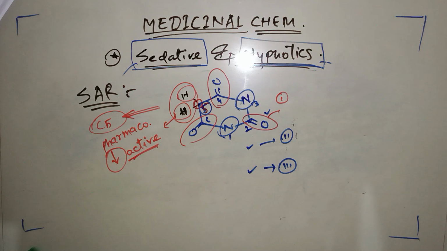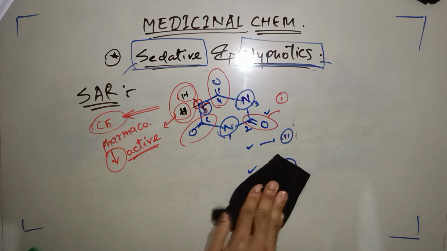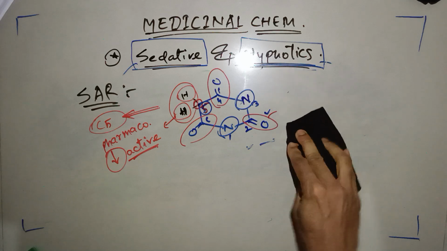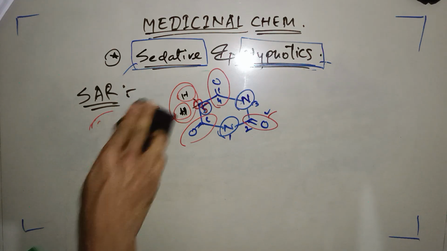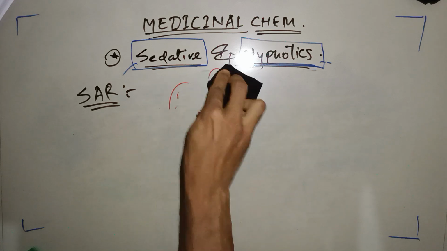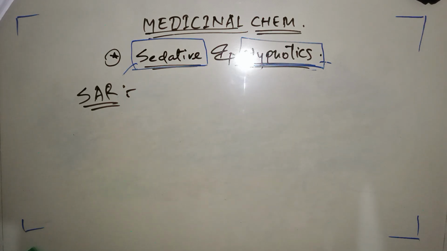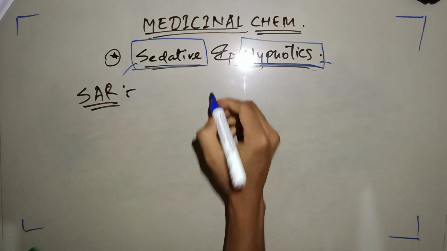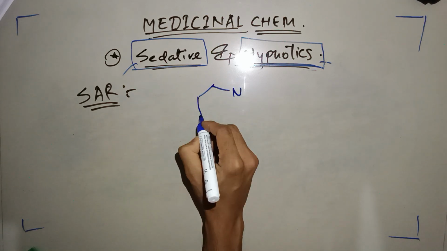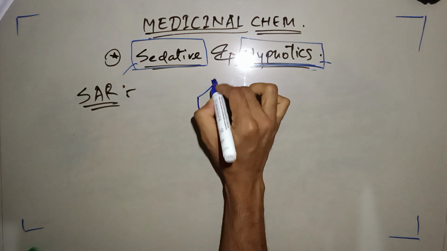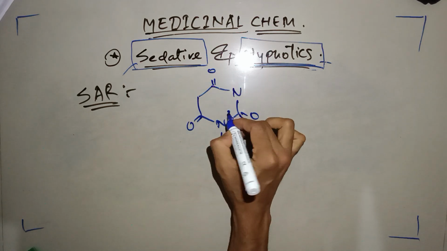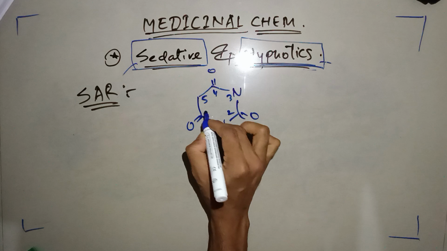Okay. Now we are going to learn about the modification on keto group. So what can happen if the changes or modification takes place at keto group? So the first thing is that at C2, C4 and C6, so 1, 2, 3, 4, 5, 6.